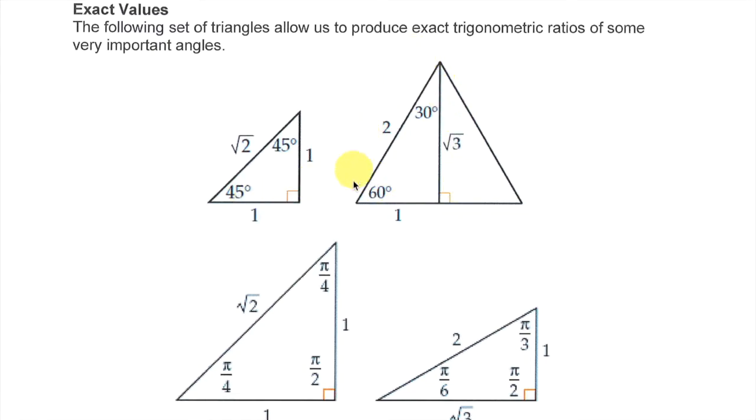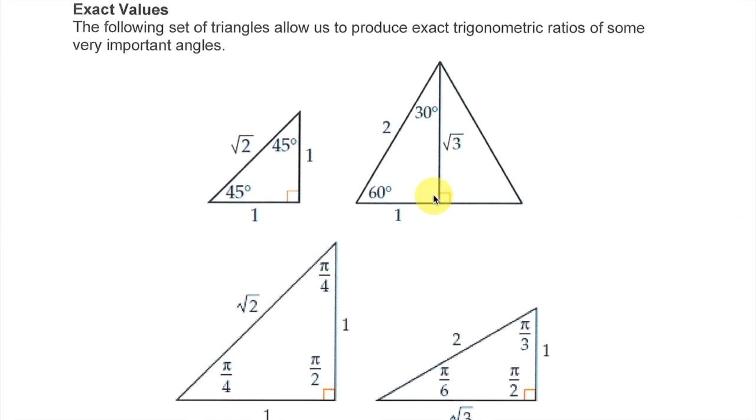Let's also consider the same situation for a triangle made up of 30 degrees, 60 degrees, and 90 degrees. Just ignore this part over here. We've got 2. The square root of 3 is approximately 1.73, and there's our 1. So side lengths, approximately 1.73, 2, and 1.